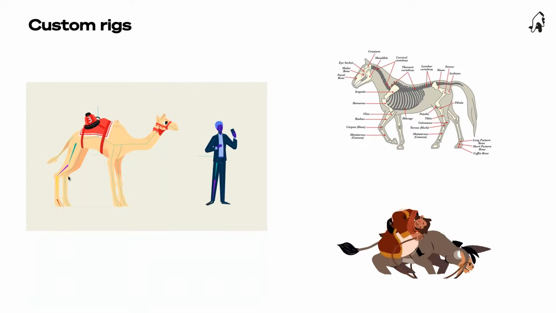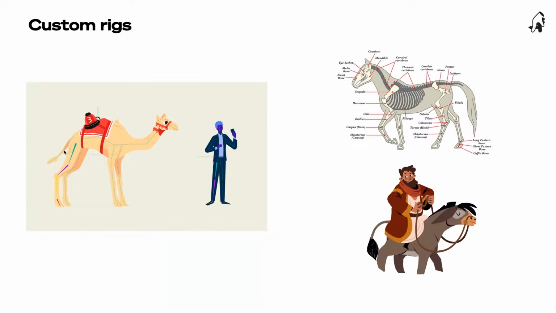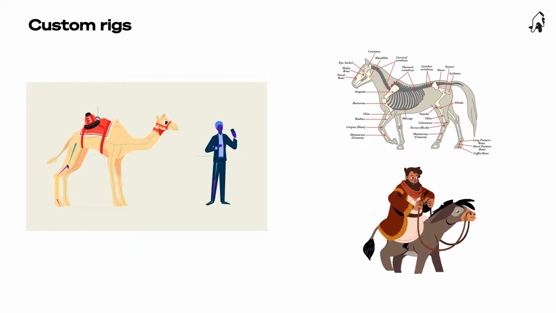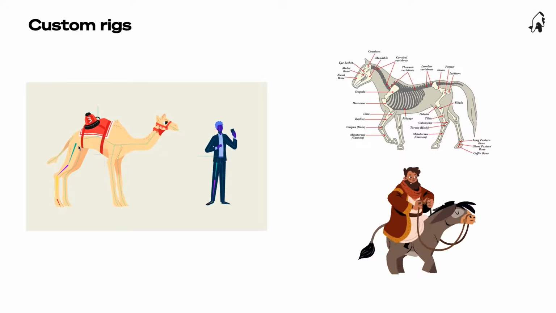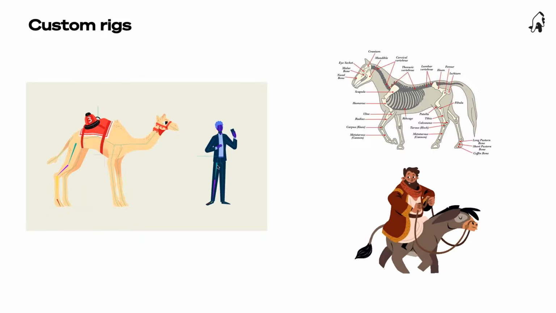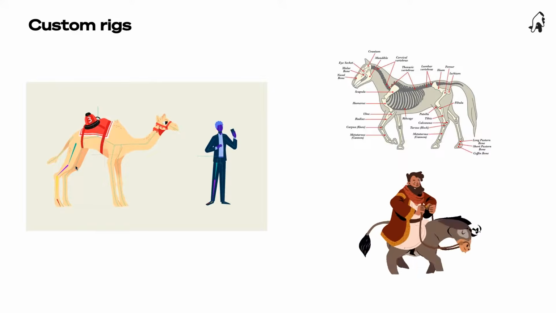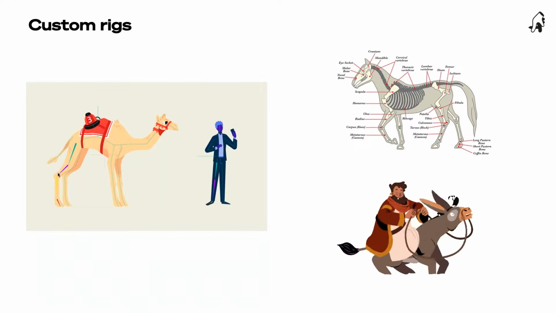For me, it was groundbreaking to discover that camels and humans are quite similar, of course from the skeleton point of view. So if we have a thigh bone, this is the human bone, and this is a thigh of a camel. And if we have a knee, the camel knee is here, not here.